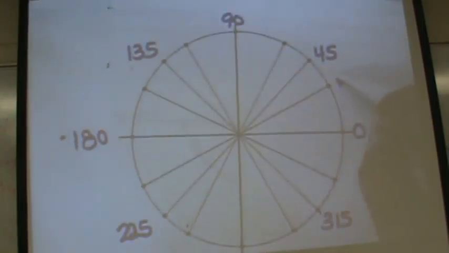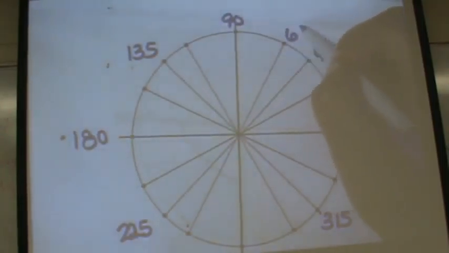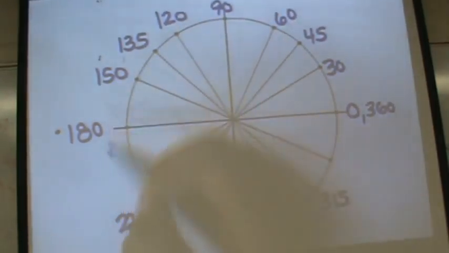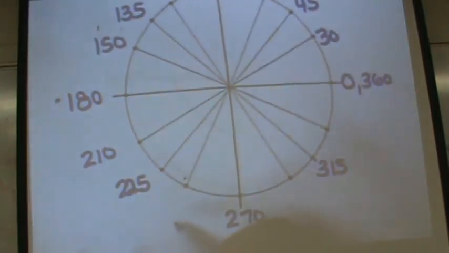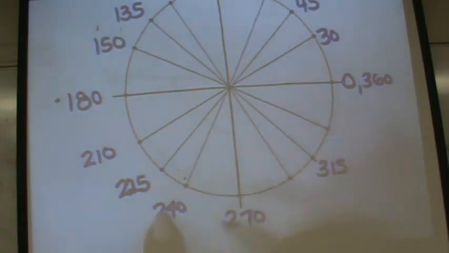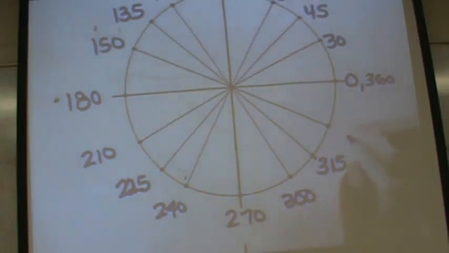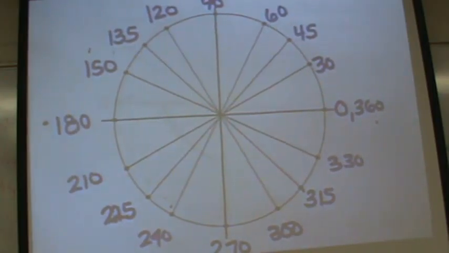Okay, and then I do my 30s. 30, 60, 90, 120, 150, 180, 210, 240. Keep adding. If you add 30, you get 270, 300, 330, and 360, so we're good. Okay, so I have my circle.